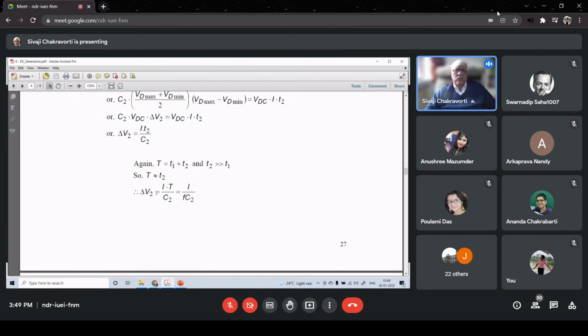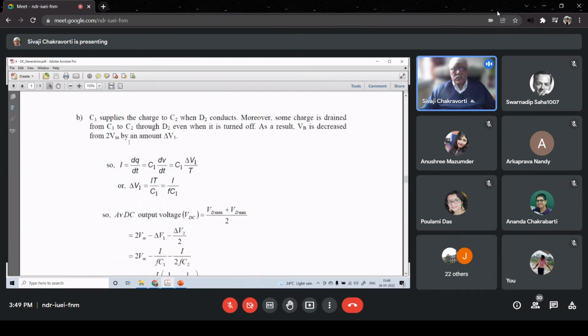So del V2 is I into time period by C2. So it becomes I by f C2. That's how the equation is developed. Now, this is not the exact equation. If you want the exact one, you have to do a circuit simulation through some simulation software. Then we get the exact value. But for simple calculation, this is quite good.